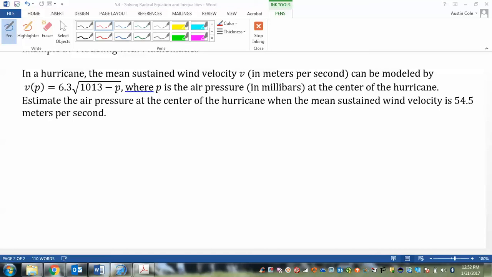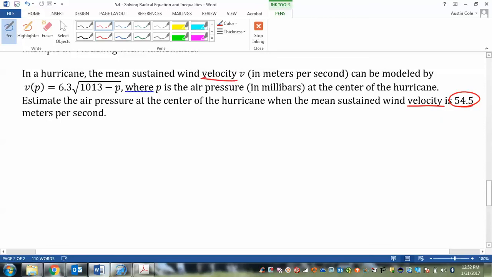Estimate the air pressure at the center of the hurricane when the average sustained wind velocity is 54.5 meters per second. So 54.5 meters per second, that goes in where? v, because that is velocity. And this is a function for velocity.